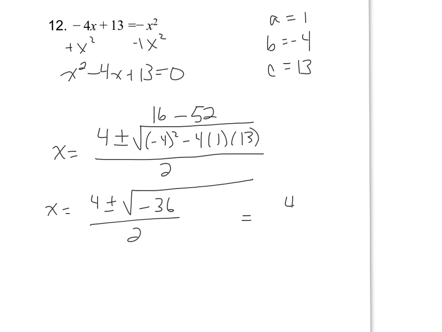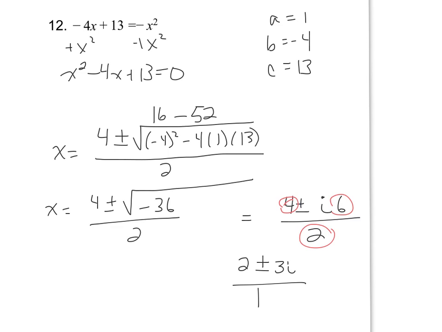Well, if we think about the square root of 36, there's definitely an i there because of the negative, but then it's just the square root of 36, so it's just 6i, over 2. And now we look at these values here, and they all can divide by 2, so I'll just divide them all by 2. So 2 plus or minus 3i. It would be over 1, but you really don't need to put that part. You can just leave it as 2 plus or minus 3i.